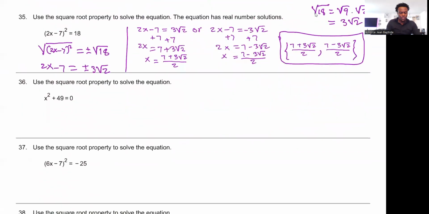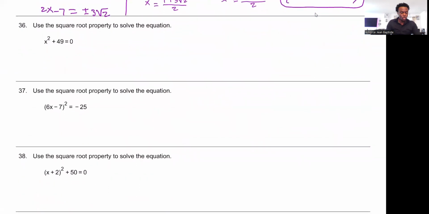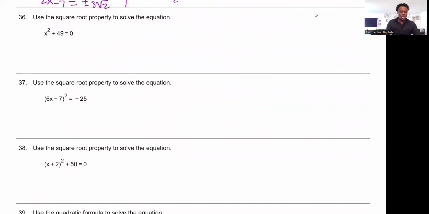And how about this one here? Well, when you're solving using the square root property, you may see that we always have the squared expression on one side, and then the other term or value on the other side of the equation.